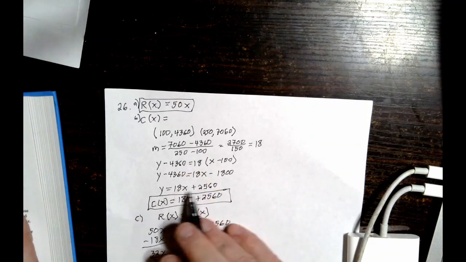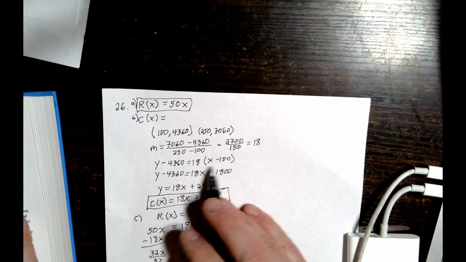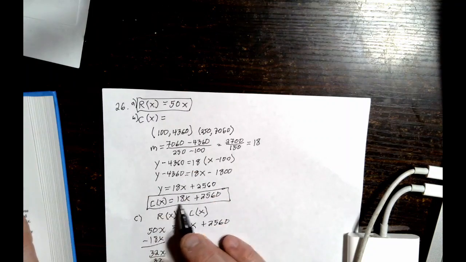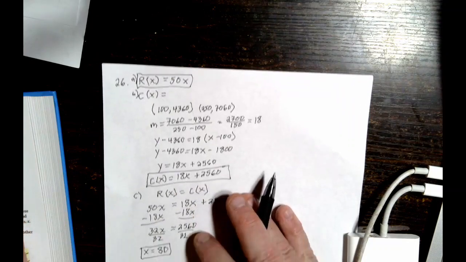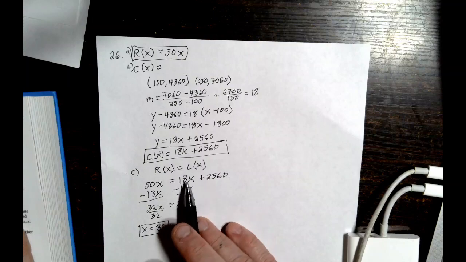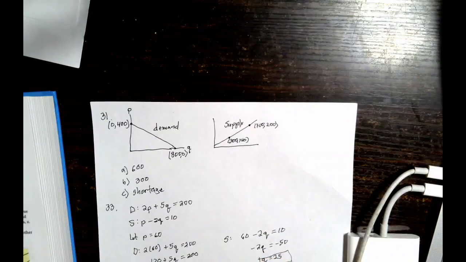And to find the cost, you plug in 18 there, and you got to use 1 point. I ended up using the first point. And when I get y equals this, it's really cost equals this. Find the break-even quantity. So you set them equal to each other and solve, and your quantity is 80. That will break even.